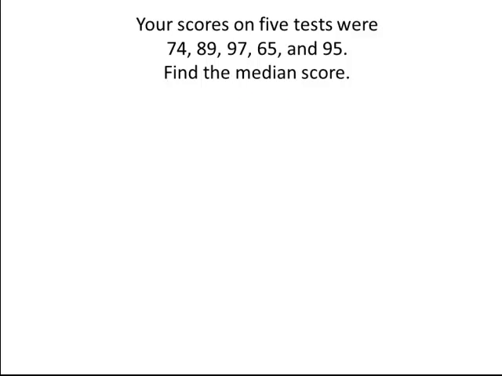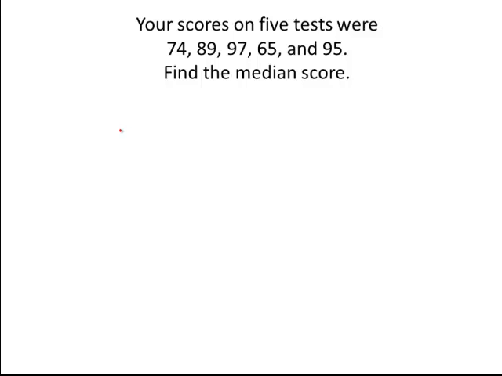Your scores on 5 tests were 74, 89, 97, 65, and 95. Find the median score. Median means the middle number in a set of numbers. To find the median, we first put these numbers in order from smallest to biggest.